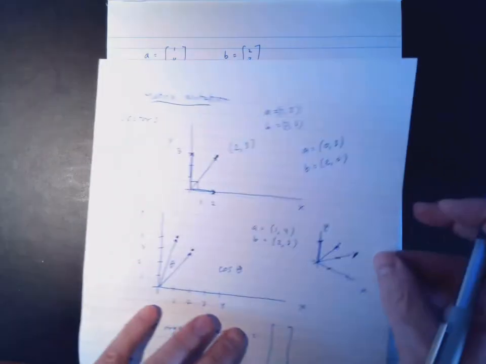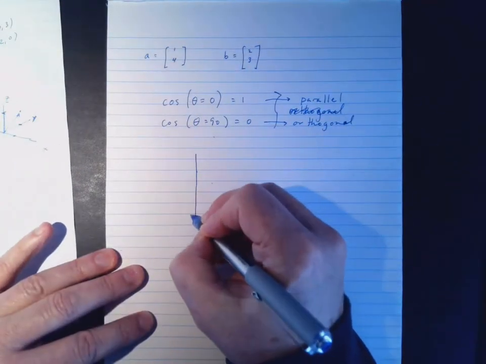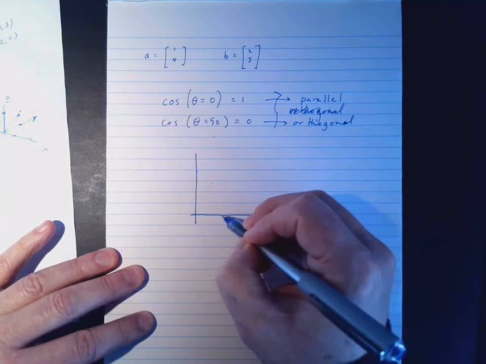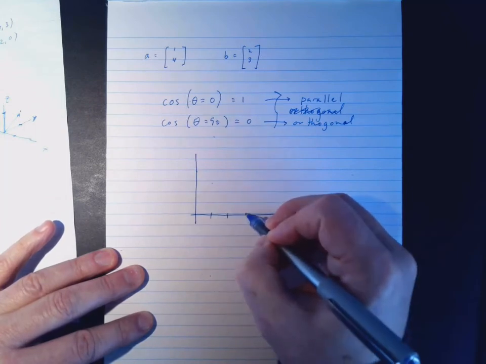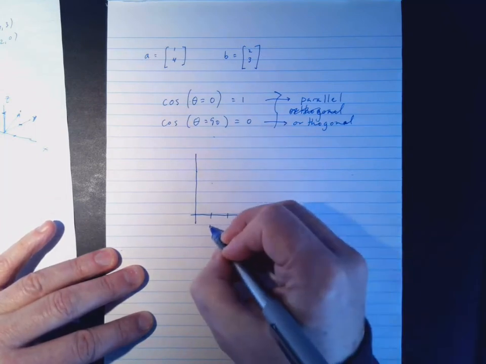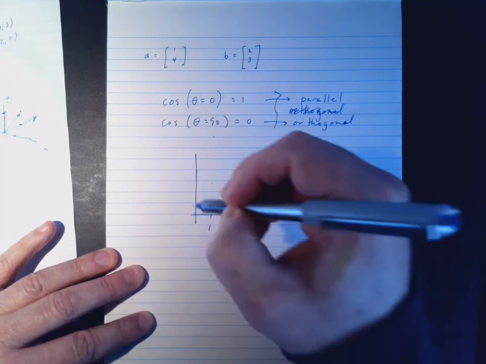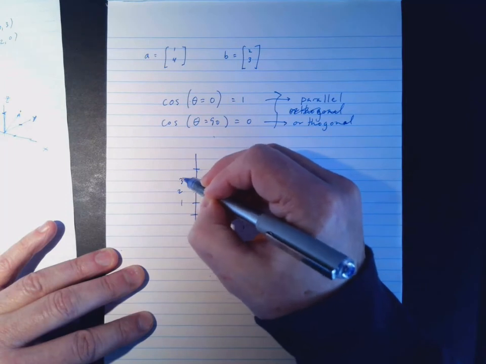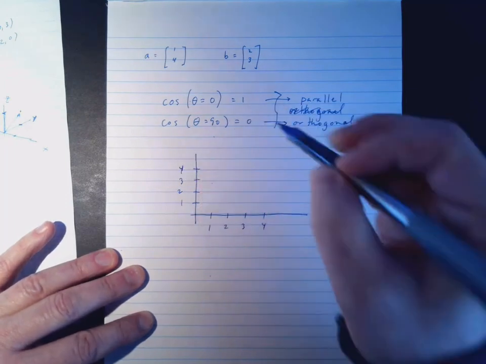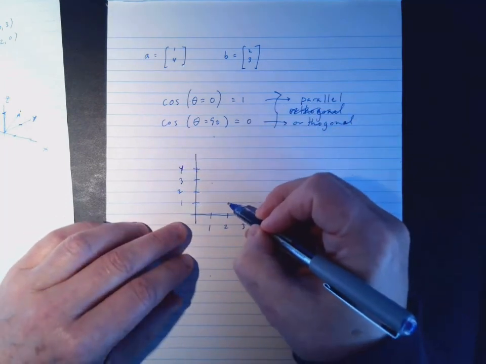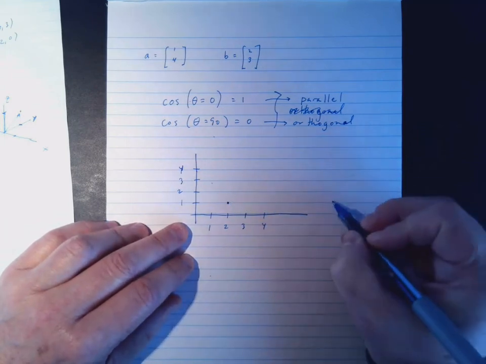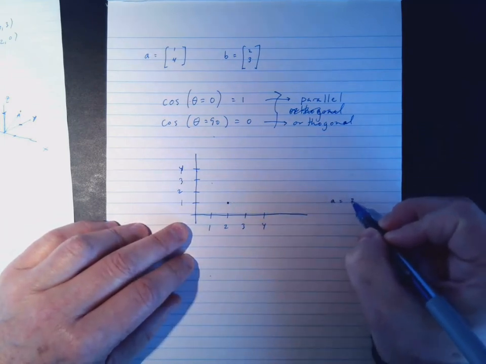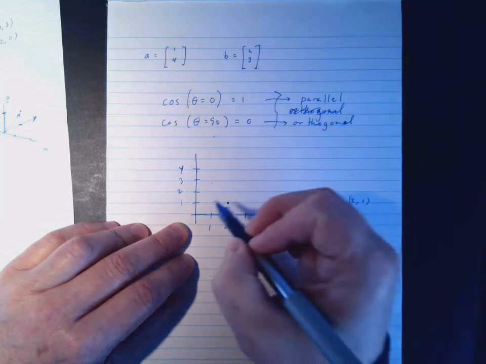And going back to this diagram here, let me just redraw it, because there's one other point to make. 1, 2, 3, 4. And then in this direction, 1, 2, 3, 4. Let's say we draw a vector here. We'll call that one A, and that's 2, 1.